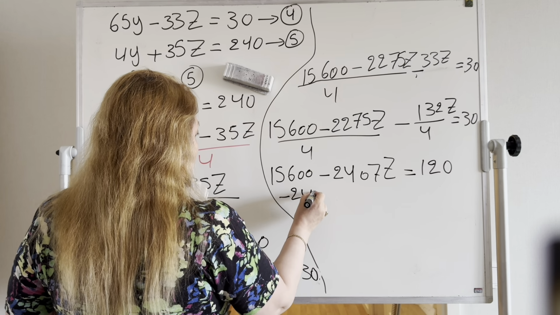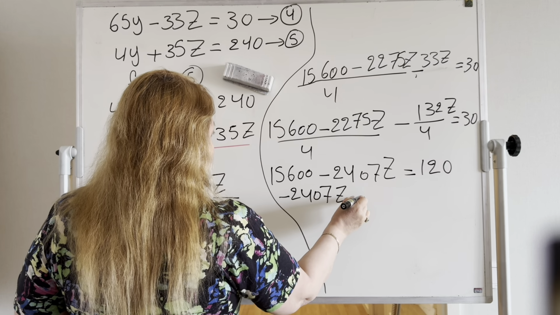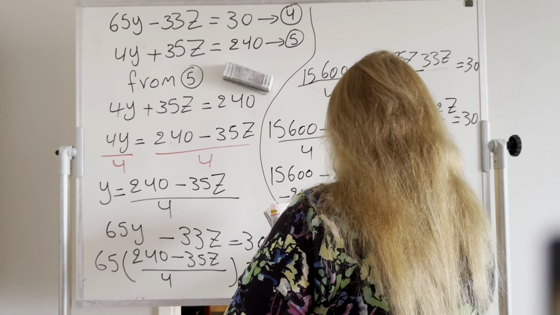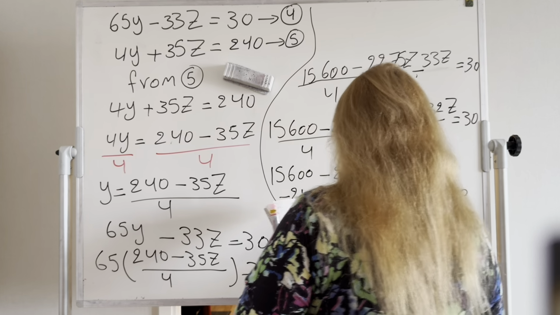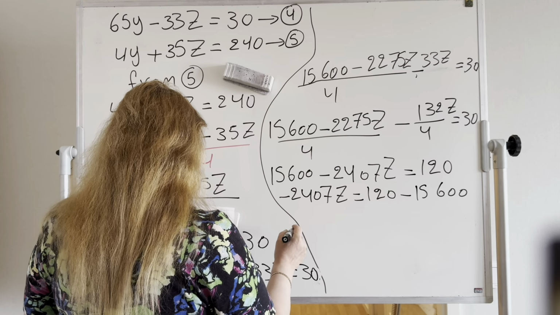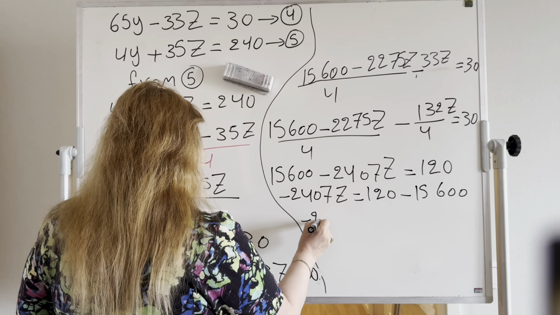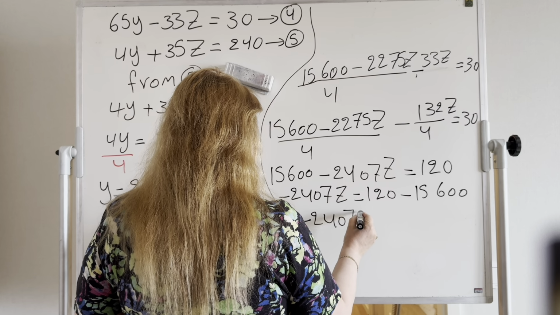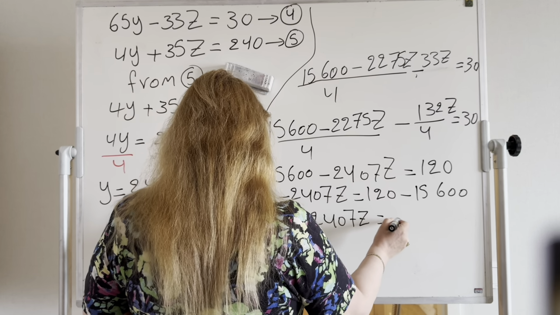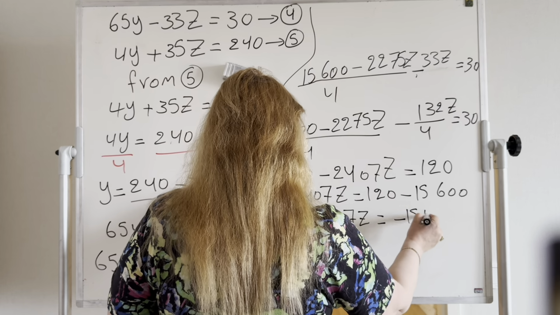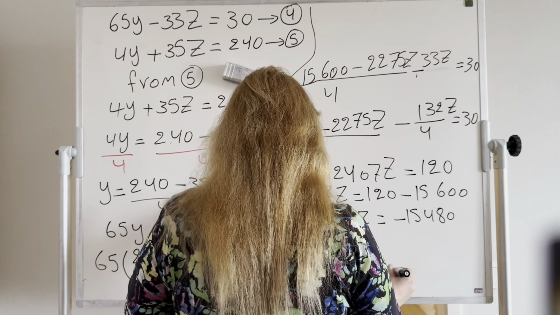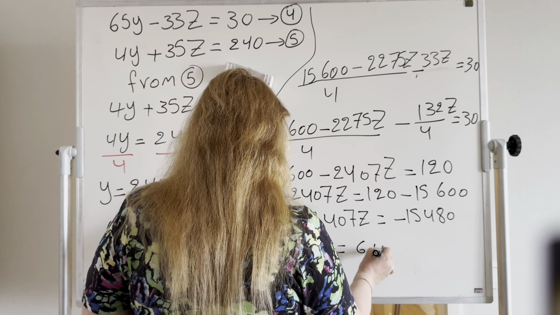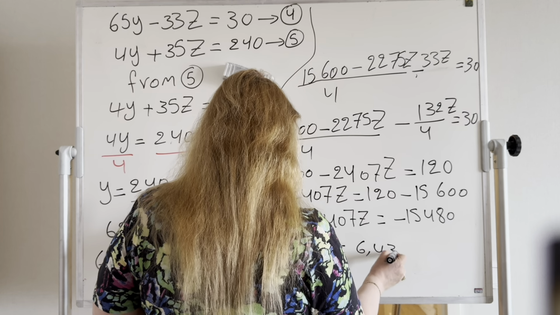Minus 2,407z equal 120 minus 15,600, and then it will be minus 2,407z equal minus 15,480, then z equal 6.43.